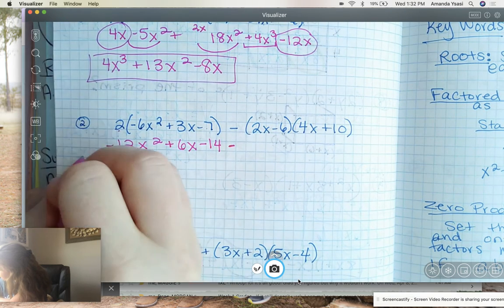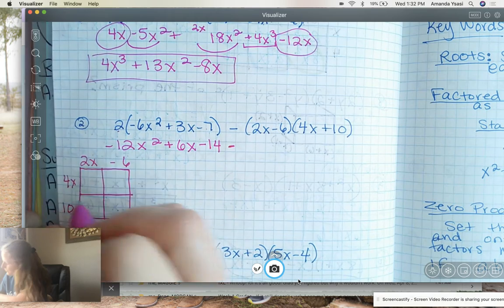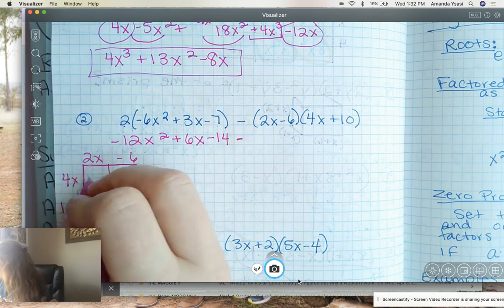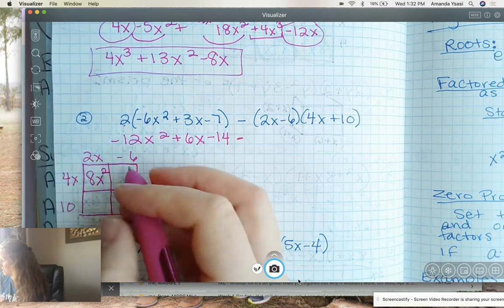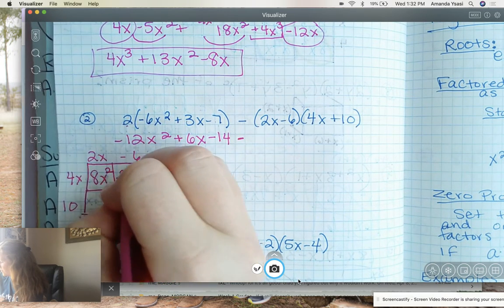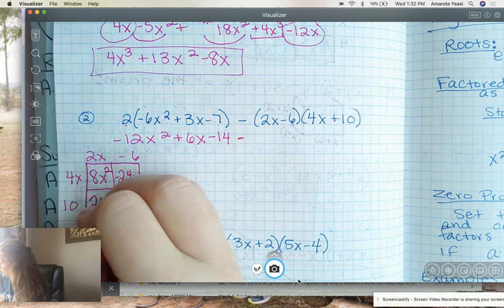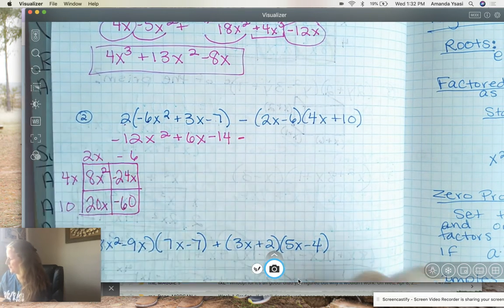And I have 2x minus 6 and 4x plus 10. And I'm going to multiply these. So 4x, 2x make 8x squared. 4x and negative 6, negative 24x. 2x times 10 is 20x. And 10 times negative 6 is negative 60.